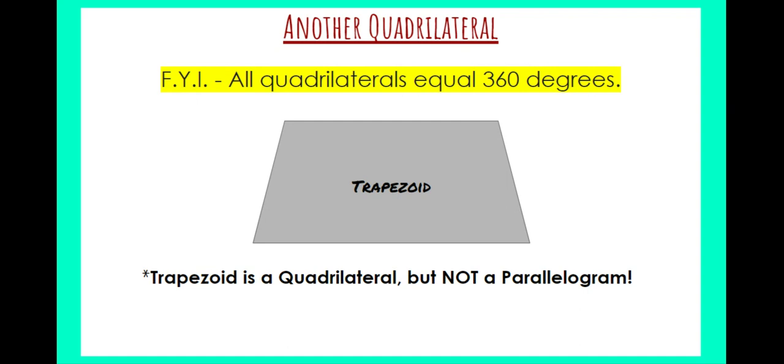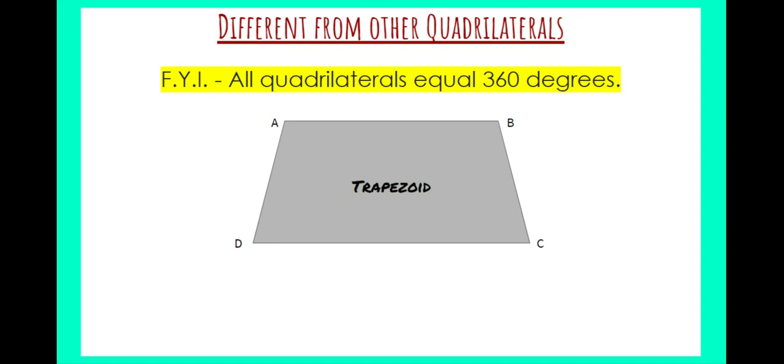The reason is that a trapezoid has one pair of parallel lines, while parallelograms, also rhombuses and squares, have 2 pairs of parallel lines. So definitely keep that in mind.